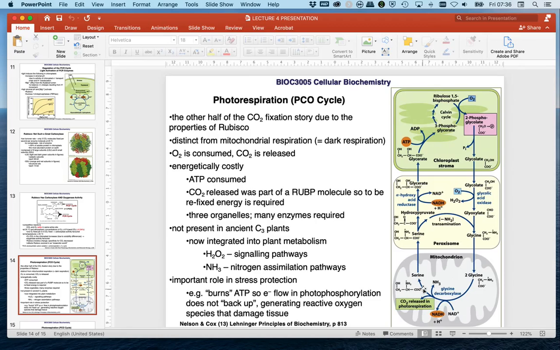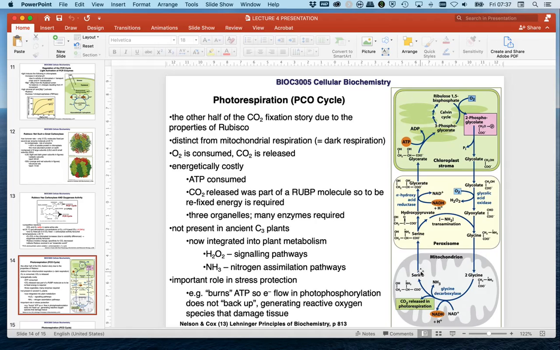Right? So a very complex pathway involving 3 different organelles, and there is no way that I am asking you to remember all of these steps of photorespiration. I would like you to remember that 3 different organelles are involved, that oxygen is consumed, and that CO2 is released.